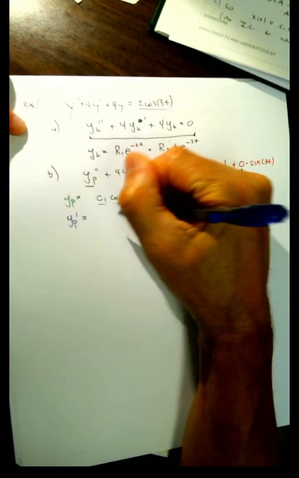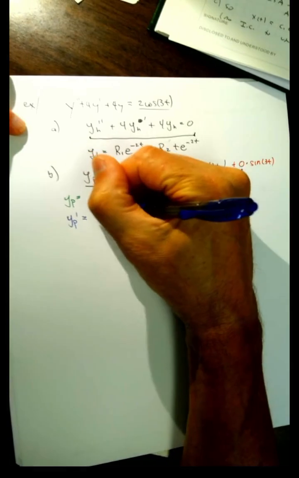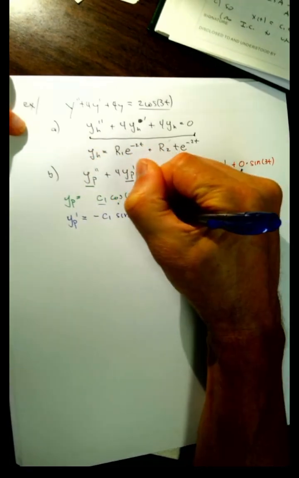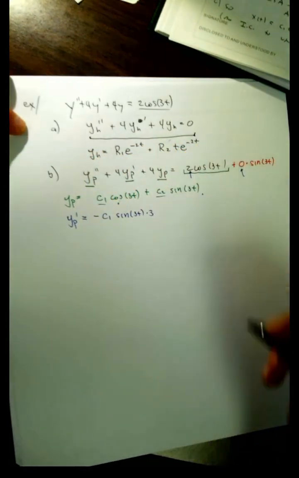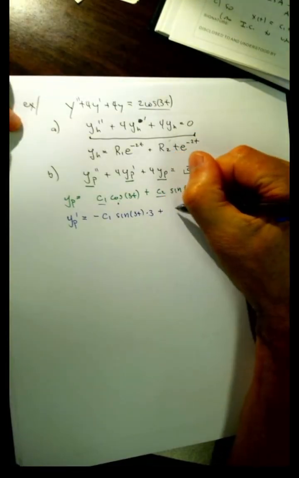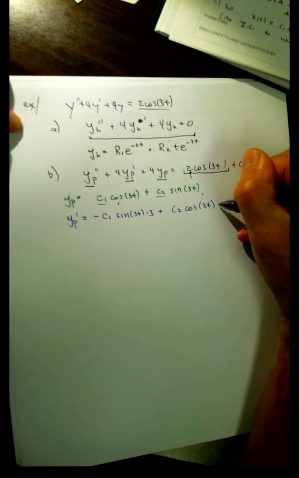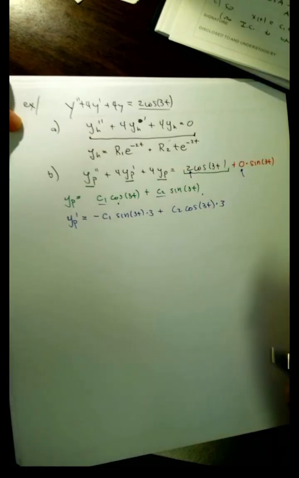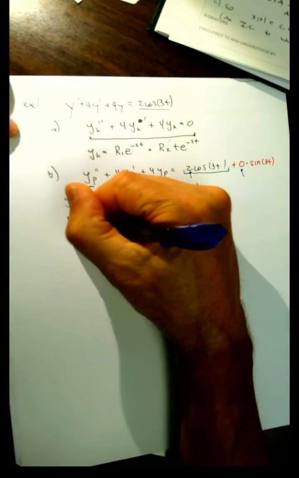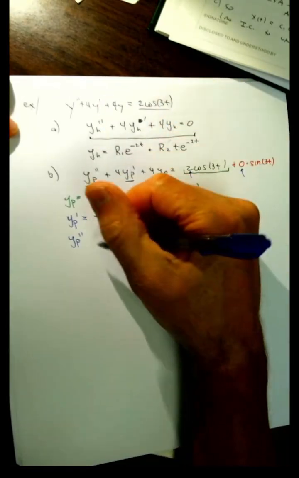Derivative of cosine is minus sine, but then I have to multiply by 3 because of the 3t. Derivative of sine is cosine, and the derivative of 3t is 3. And now I need another derivative because I've got two derivatives here.